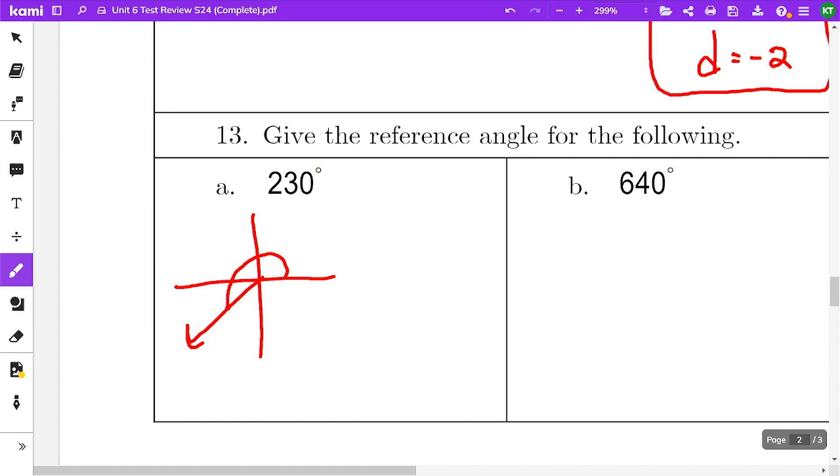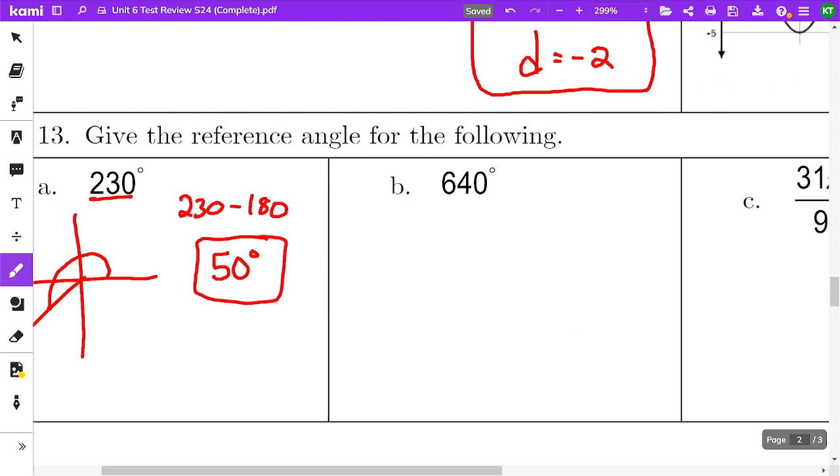Now, if our terminal side is in the third quadrant, I can just go ahead and subtract 180. So 230 minus 180 will give me 50 degrees. So that means my reference angle will be a 50-degree angle.